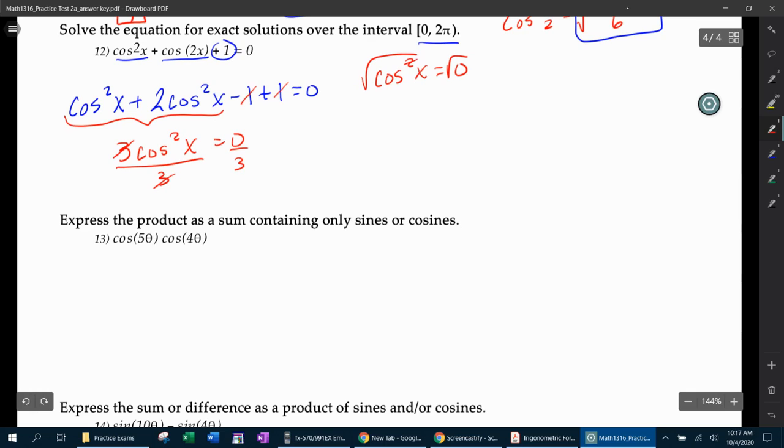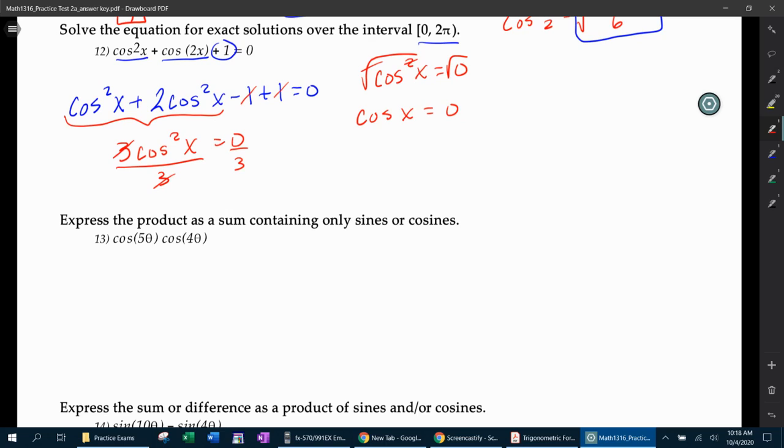Taking the square root of both sides. Cosine of x equals 0. Now then, cosine in the unit circle, cosine is x. And so we're looking for the radian angles where we have an x-coordinate of 0. And there's 2 of those.